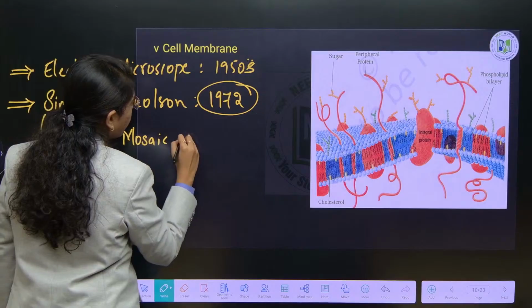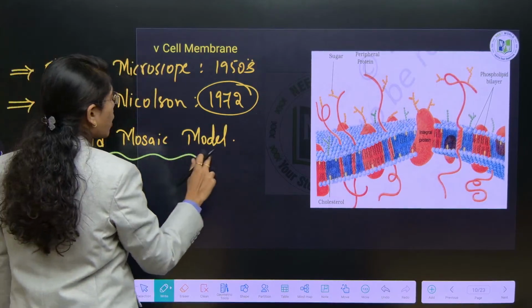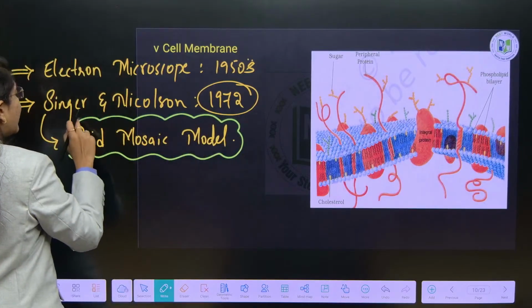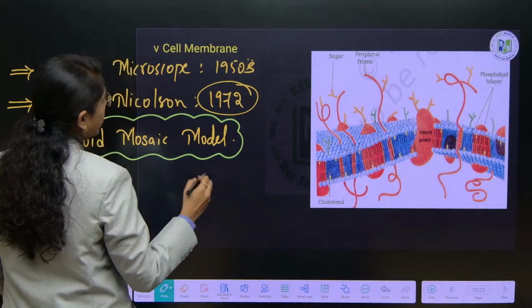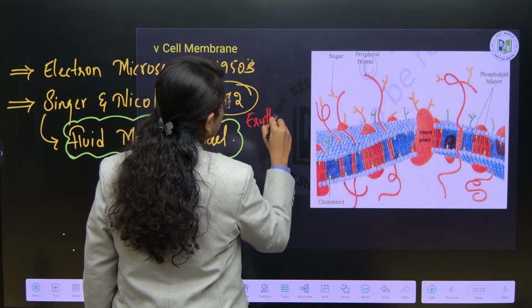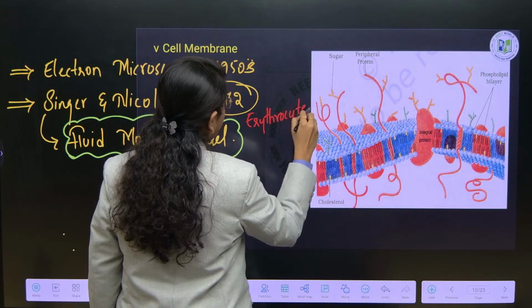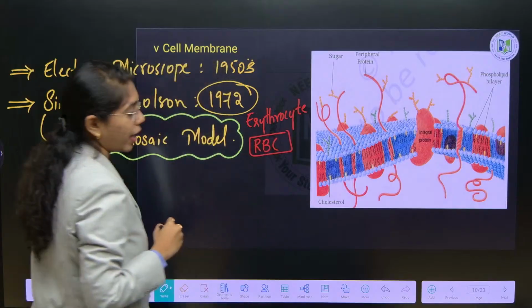This model was proposed after analyzing the erythrocyte, that is the RBC, under the electron microscope.